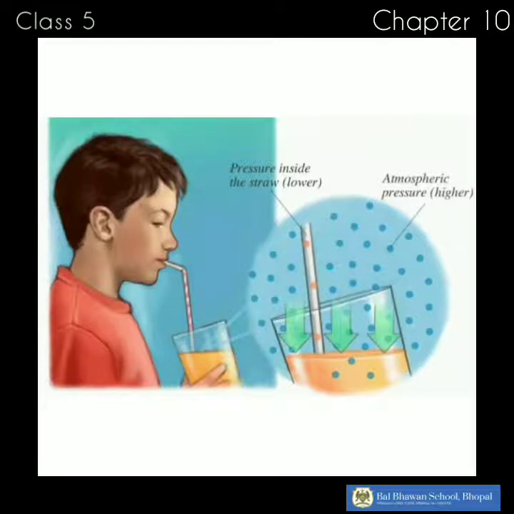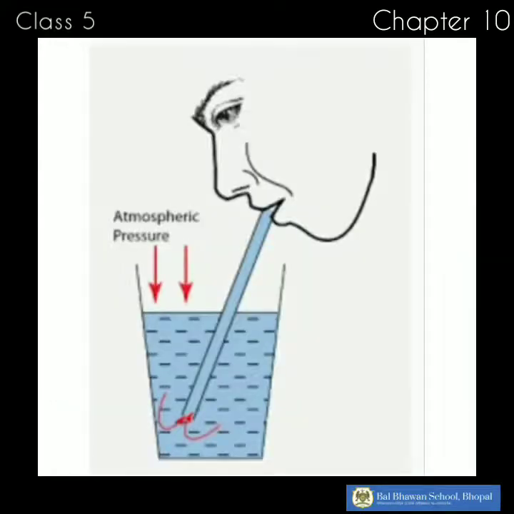When he sucks through the straw, the pressure inside the straw is lower and atmospheric pressure is higher. Now the air will move from higher pressure to lower pressure, and along with the air, the liquid will also travel in the straw. You can see in this picture also that the atmospheric pressure is more and the pressure inside the straw is less.